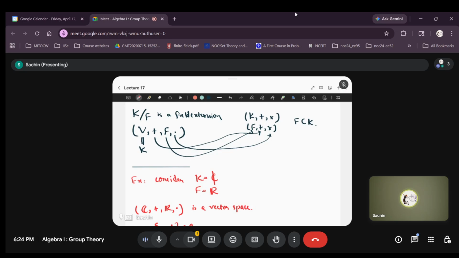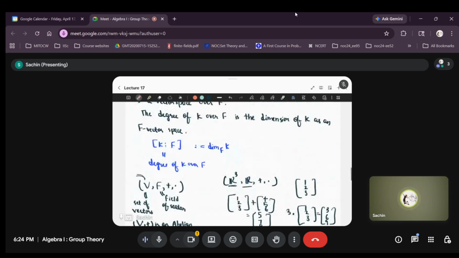K and F are fields, F is a subfield of K. If you consider K, plus, F, dot as a vector space of elements from K over the scalars from F, then if you find a basis for K, the size of the basis will be the dimension of K. That is called the degree of K over F.